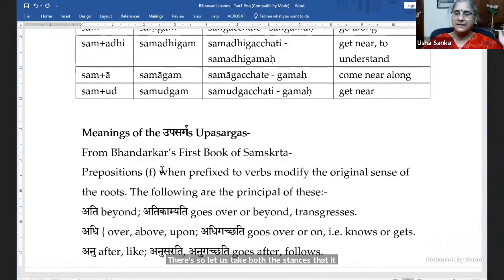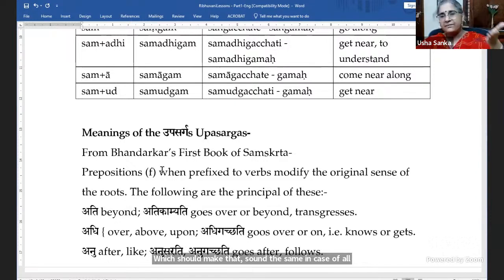Then it has to happen under some systematic factor, which should make that upasarga sound the same in case of all the dhatus.